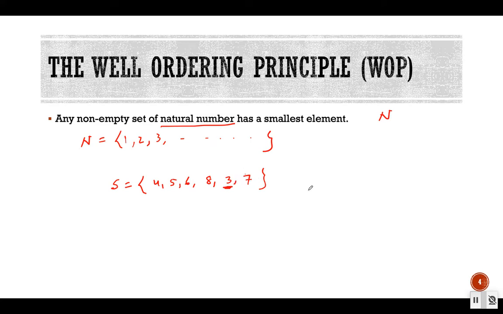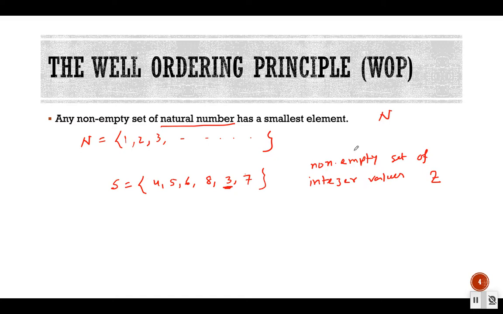Okay, now a non-empty set of integer value actually has a well ordering principle. Okay, so a non-empty set of integer value, okay, set of integer values, or if we think about just the set of integer value, okay, they follow the well ordering principle.